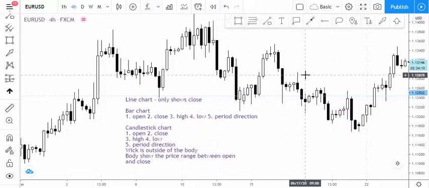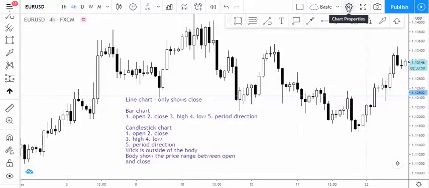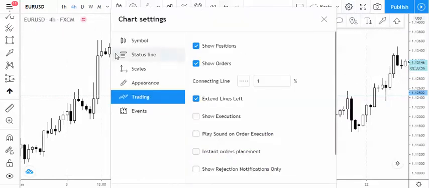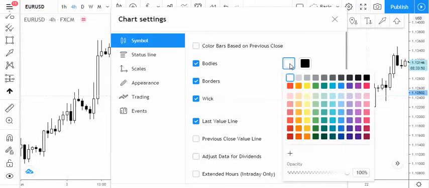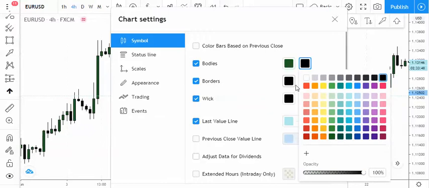Now, I like to use black and white because it keeps my chart nice and clean, clutter-free, not a lot of things happening. There are other color schemes that can be used. So if we change this here, typical color schemes: green is up and red is down.